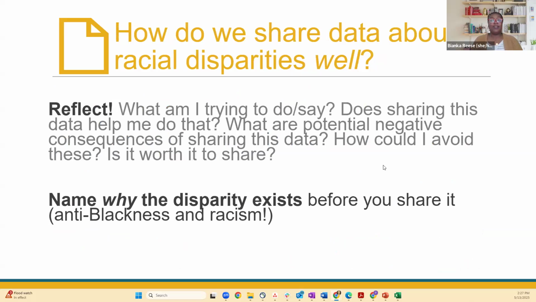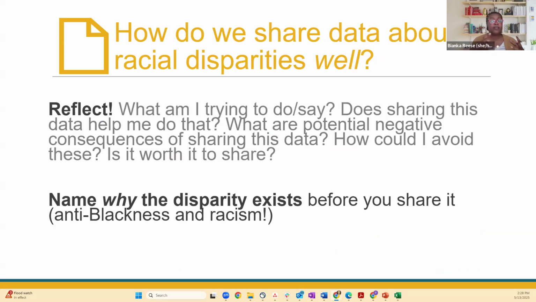Okay. Oh gosh, I just want to say one more thing before I close. This is really important, and how we talk about health disparities with this data. So we want to be careful to not unintentionally reinforce stereotypes and reinforce oppressive messages. You want to reflect on what you're really trying to say first.